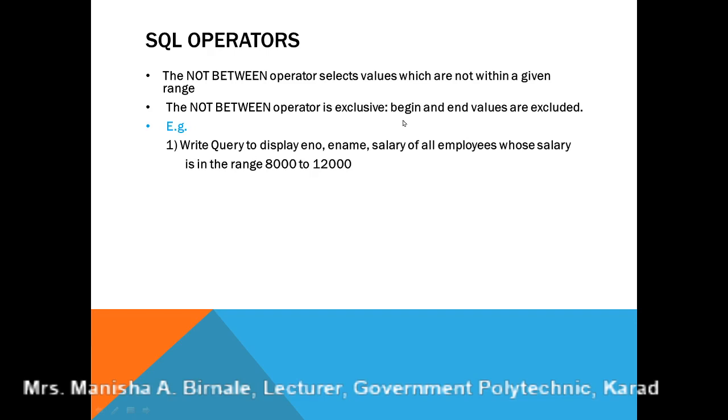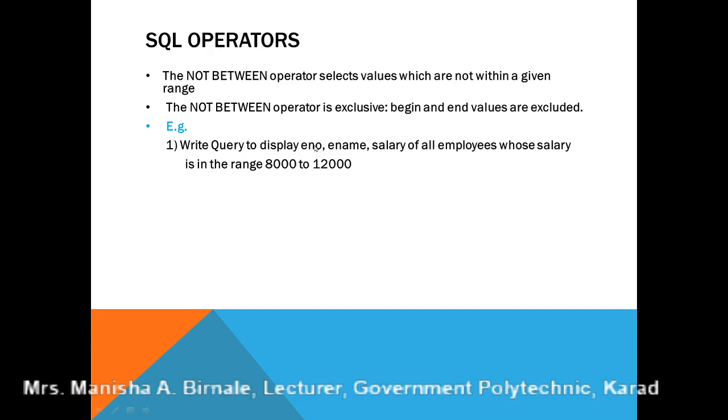Write a query to display ENO, E-name and salary of all employees whose salary is in the range 8,000 to 12,000. So in the previous lecture we have seen the empinfo table. There is information of employees in that table.